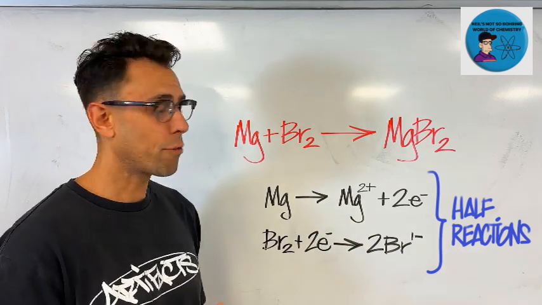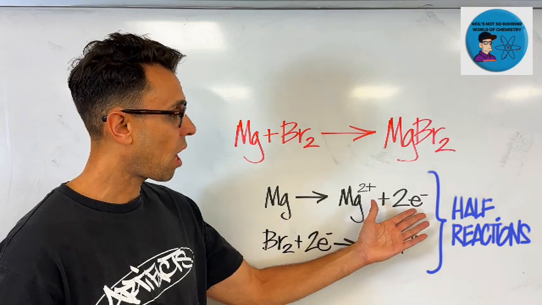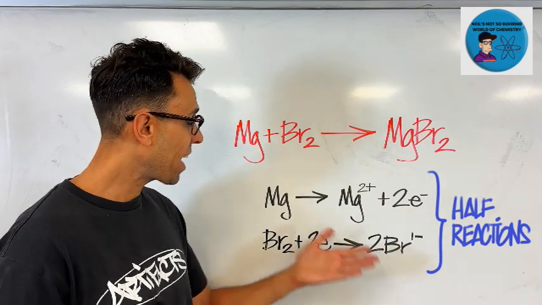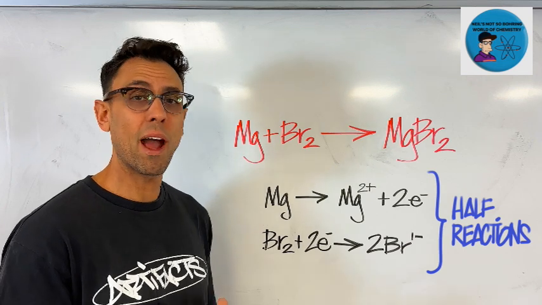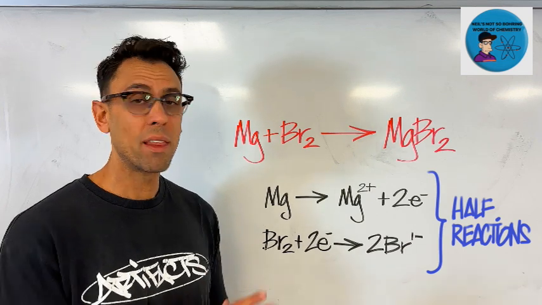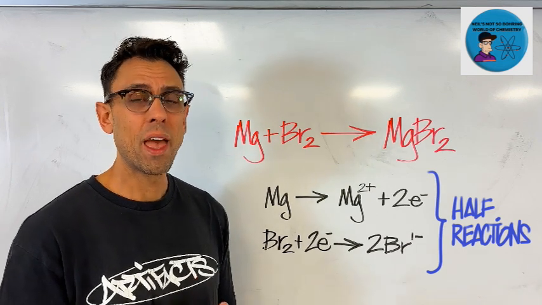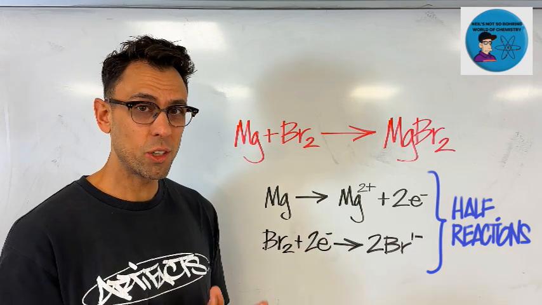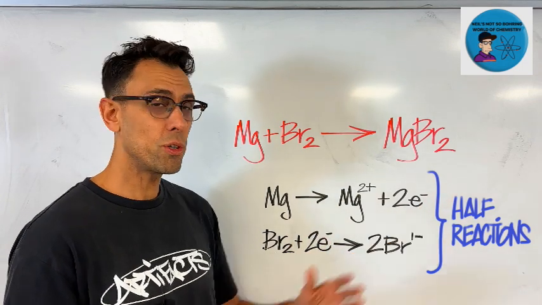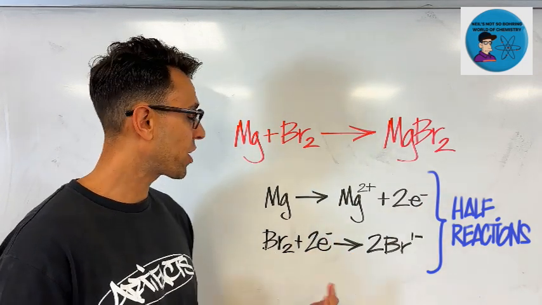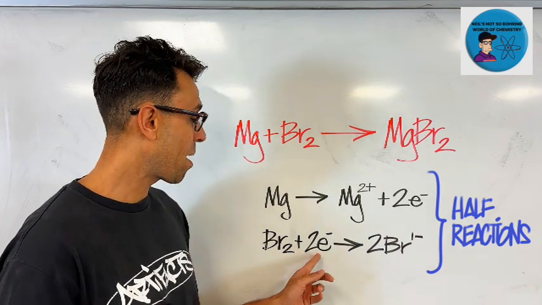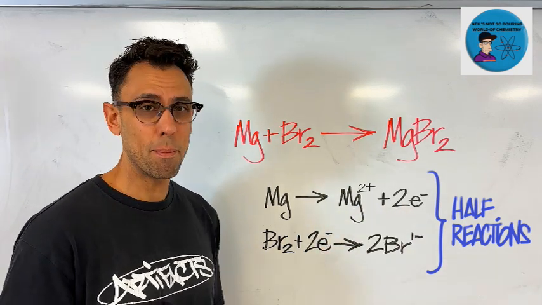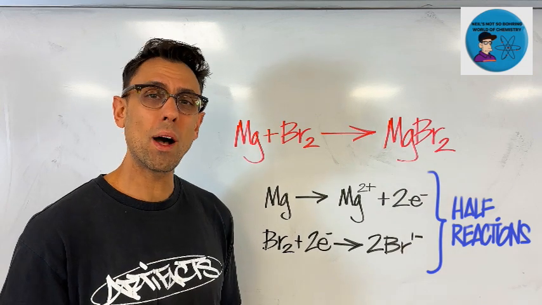So in one of the half reactions, we see electrons on the product side, and in the other half reaction, we see the electrons represented to the left of the arrow as a reactant. This will always be the case. In all of your half reactions, you'll have some electrons being produced, and in the other half reaction, some of those electrons being gained. You may also notice that the number of electrons is the same. That's a key feature as well.